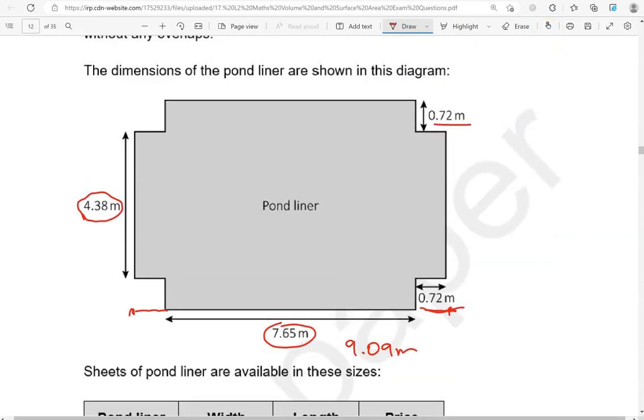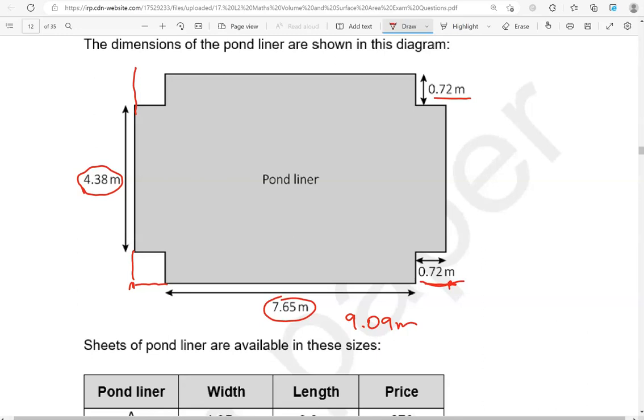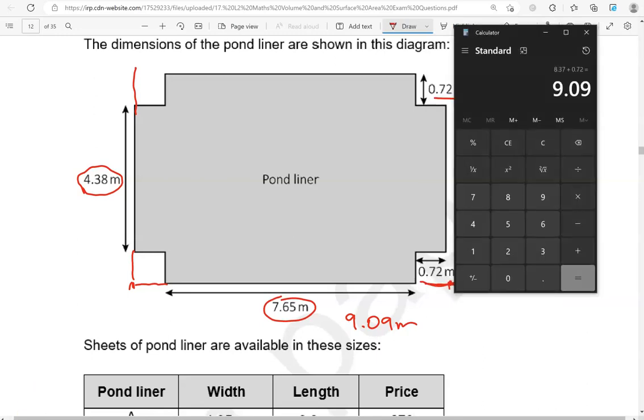And width, again, we're going to need to add both sides 0.72. So 4.38 plus 0.72 plus 0.72 gives us 5.82.